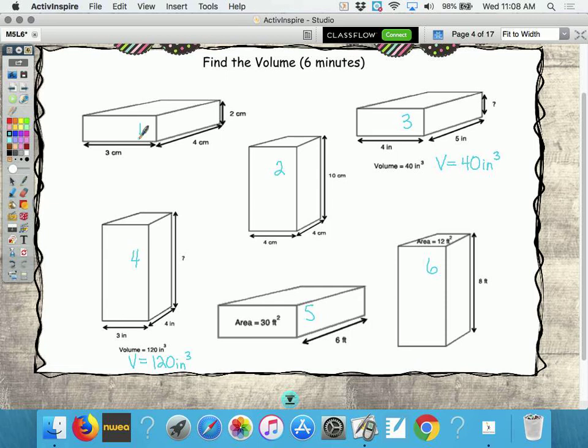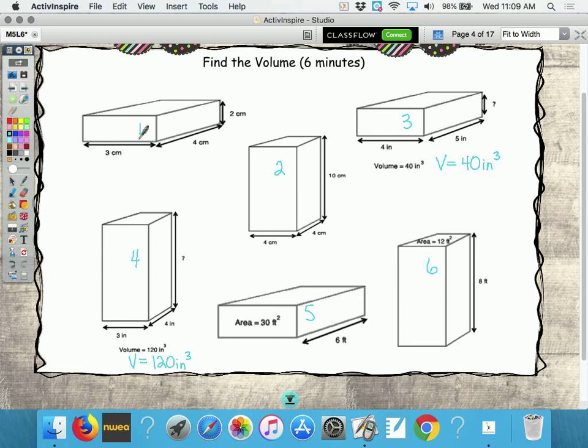We know how to do 1, 2, 5, and 6. So we'll save 4 and 3 till the end, and I'll teach you how to do those, okay? But I'm going to pull sticks for how to solve for volume, not area, volume. And we need to write our multiplication sentences, okay?